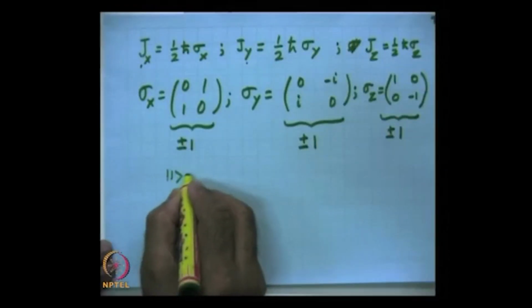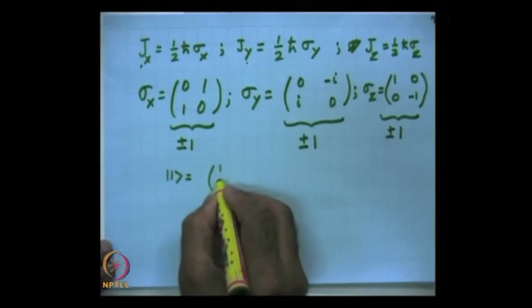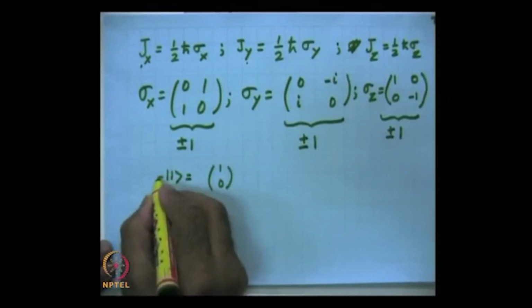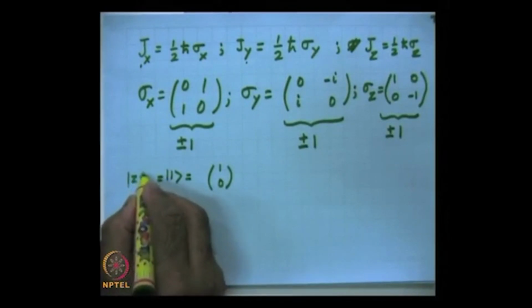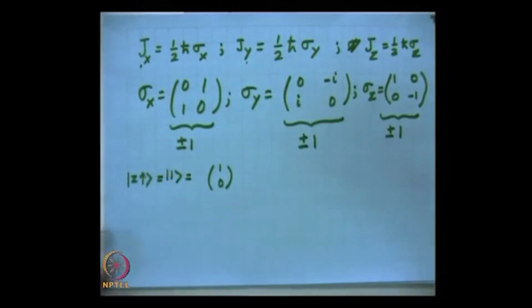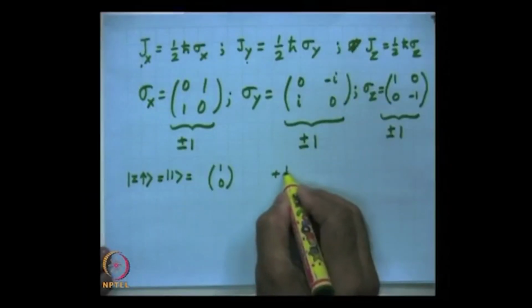The eigenkets that we have written, (1, 0), are known as the z up state, or sometimes the spin up state. Spin up means the z component of the spin angular momentum is pointing upwards, and the eigenvalue is plus half h cross.